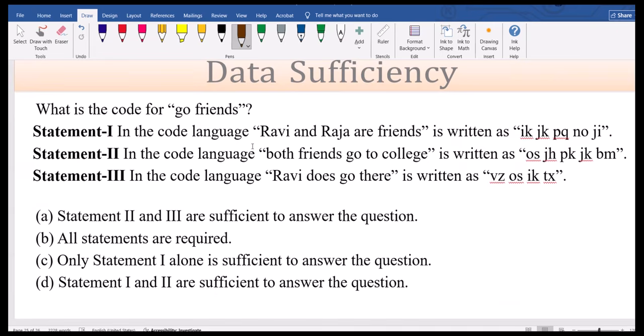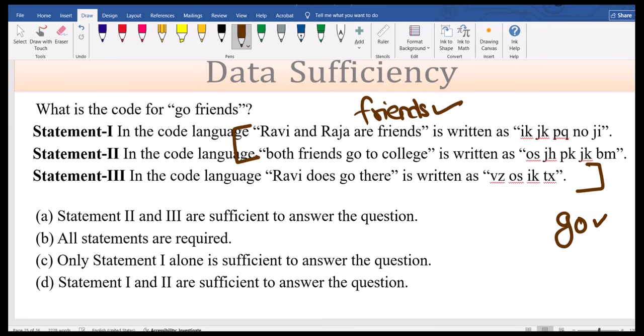I think we discussed this question long back. Code for Go, friends. And you have to look at the options. As per the options, all statements are required. Because if you want to find Go, you need to compare the second and third ones. If you want friends, 1 and 2 will give it.